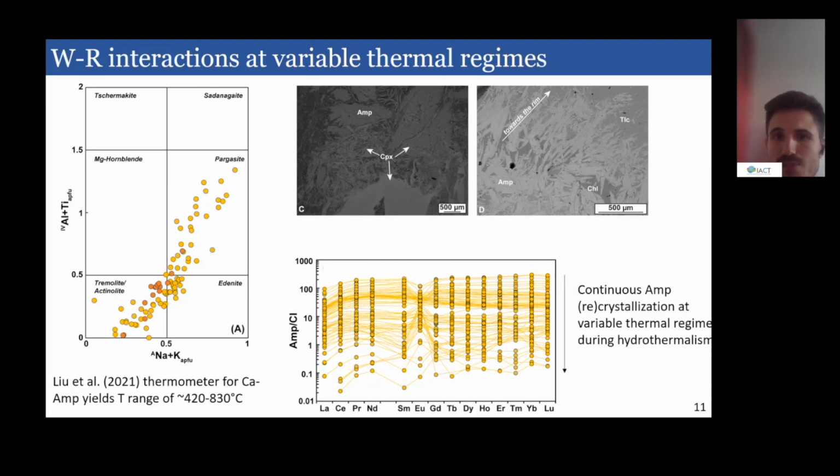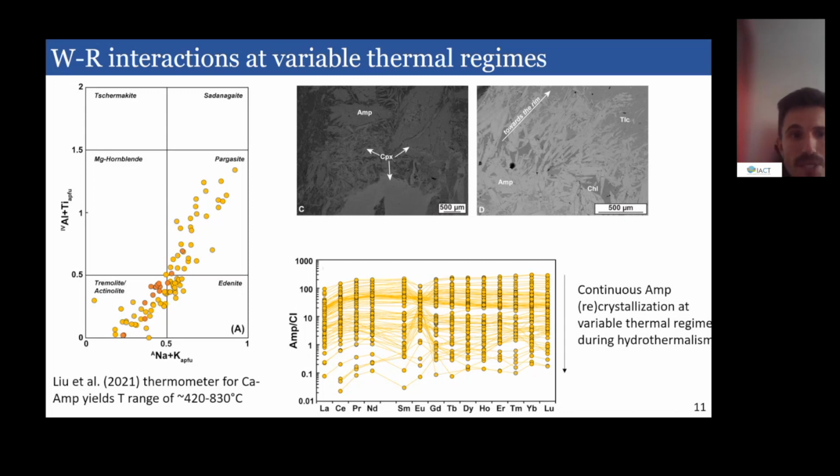And during progressive amphibole recrystallization at variable thermal regimes, we observe a decrease of the rare earth element composition of our amphibole, accompanied by the appearance of a positive europium anomaly that might suggest that plagioclase was able to react with the fluid during the amphibole crystallization.